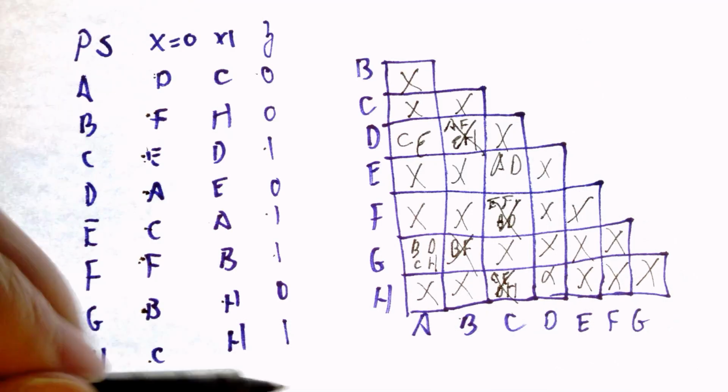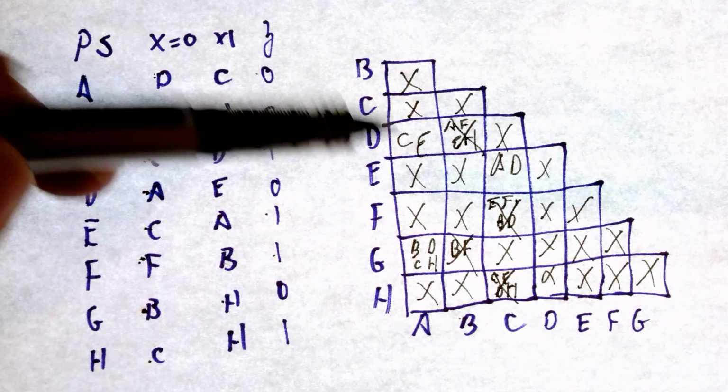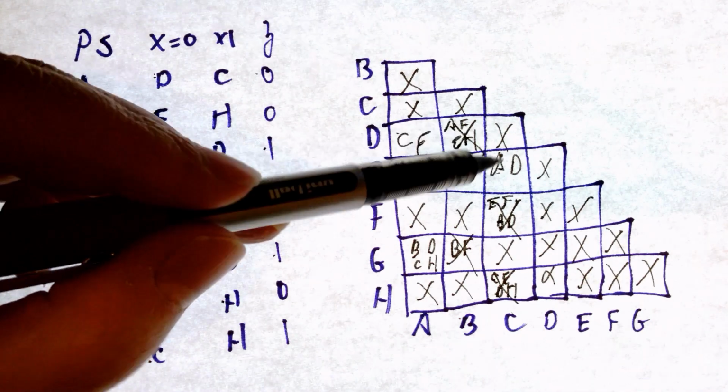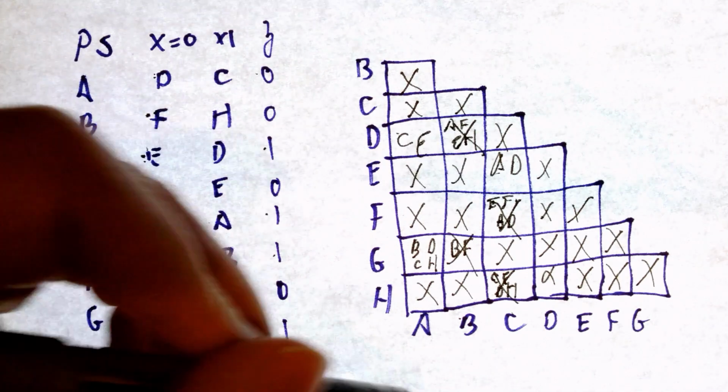So from what we can conclude here, CE is clear. How about AD? That's clear.